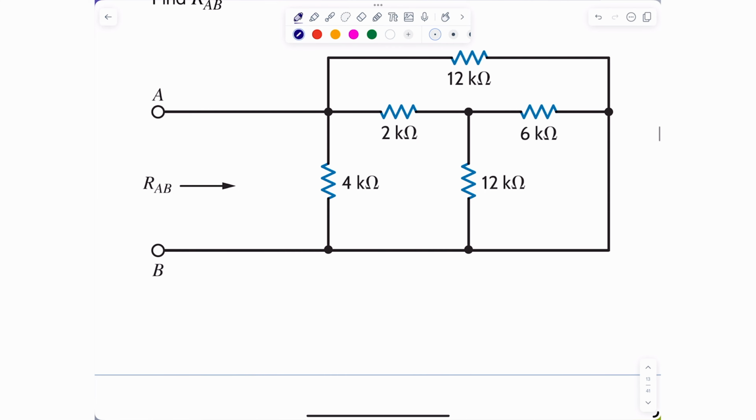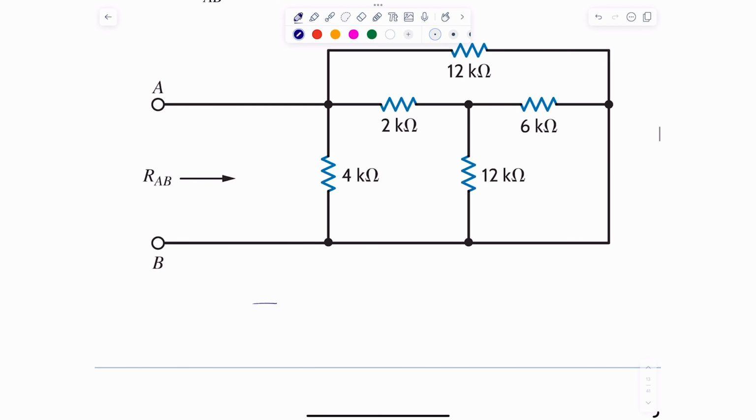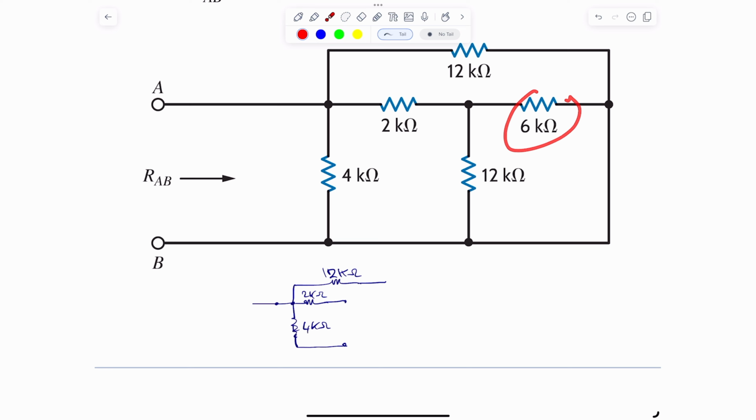Okay, so we have this one is A, and then we have the 12 kilo ohms in here, and we have the 2 kilo ohms, and we have the 4 kilo ohms, and of course we have still the 12 and the 6. So how do we do this? Again, the way I do that is by removing one of them and keeping the other.